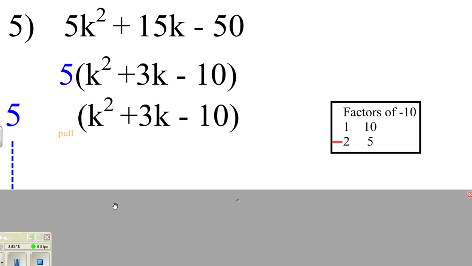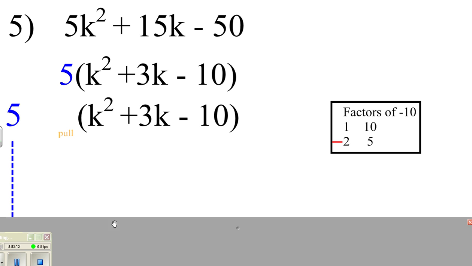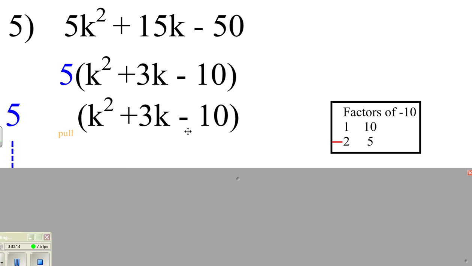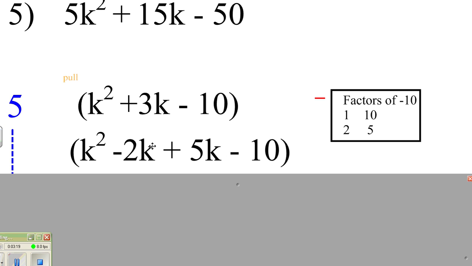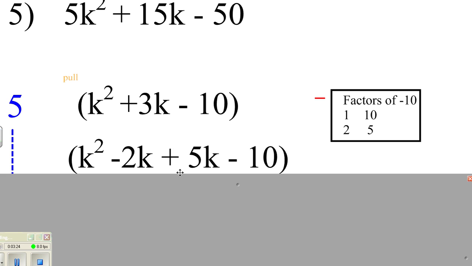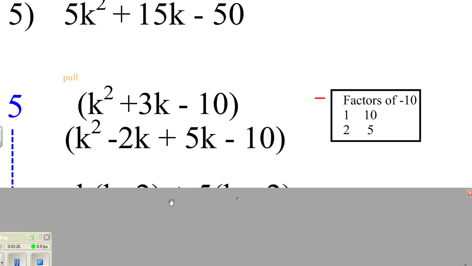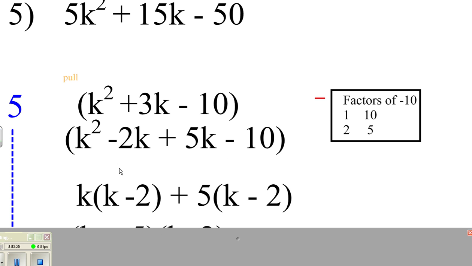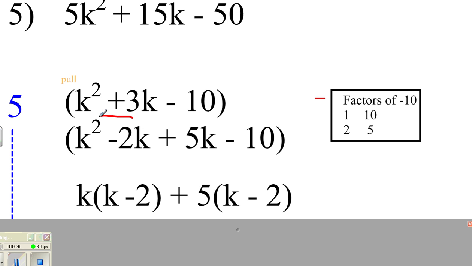So then the next thing we do is write this as a minus 2 and a plus 5. So here I show the minus 2k and the plus 5k. And continuing on with our factoring process, we group the first two terms and we find that we can factor out a k. Right there.